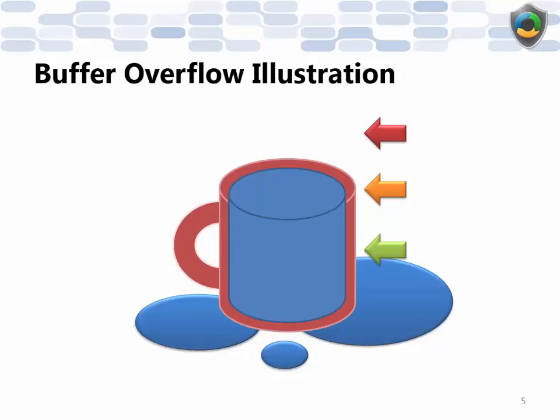In other words, you're pouring more water into the cup than it can actually hold. This results in water being randomly spilled. Well, in the computer world, this spillover is not so random, and it can be used to overwrite important parts of memory. And then, as mentioned previously, malicious users can take control of the execution flow of a process.